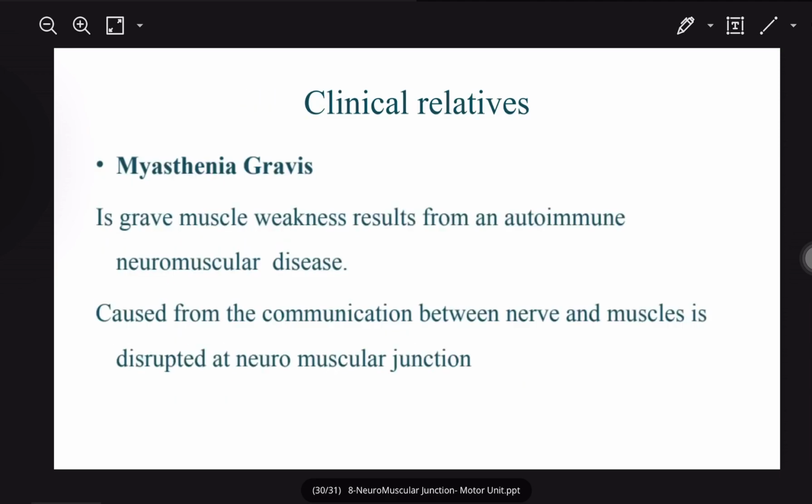So we're just going to talk about one clinical relevance, myasthenia gravis, and we're going to show you a clip about it.